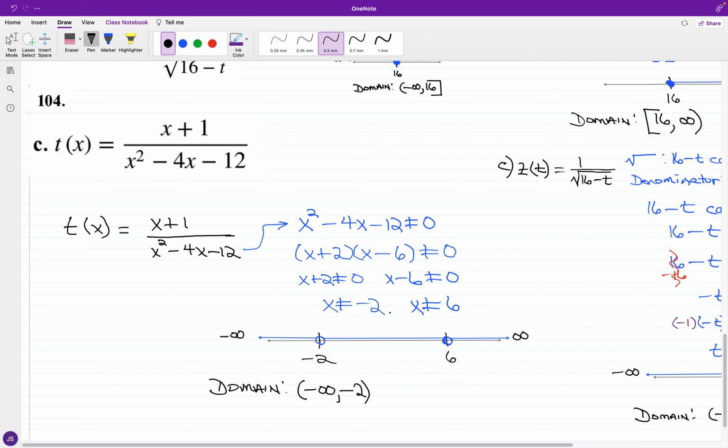For the middle section, those values greater than -2 and less than 6, where -2 is less than x is less than 6, in interval notation we have parentheses around -2 and 6. Then for those values of x greater than 6, again, we're bypassing 6 just as we did -2 a moment ago.